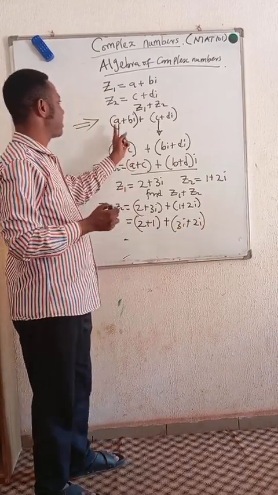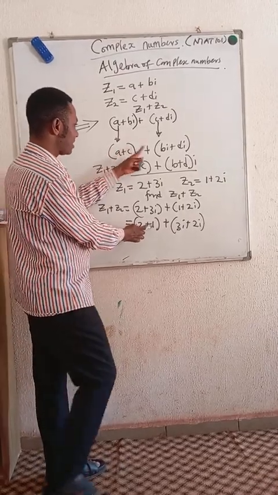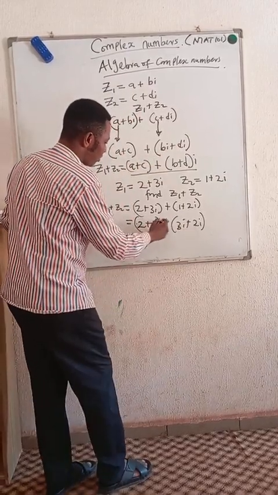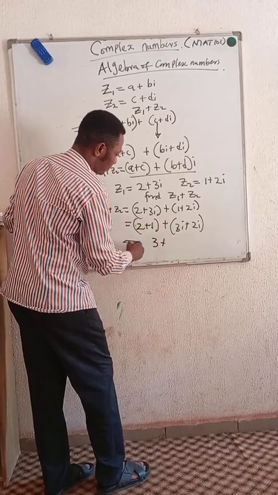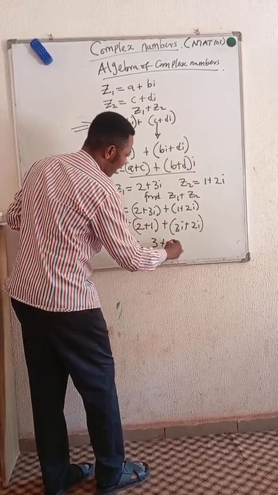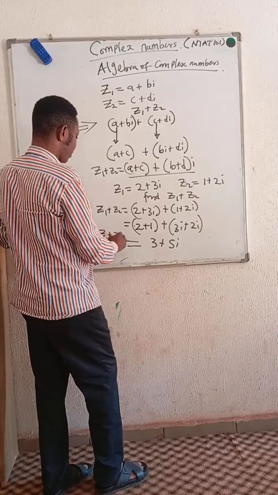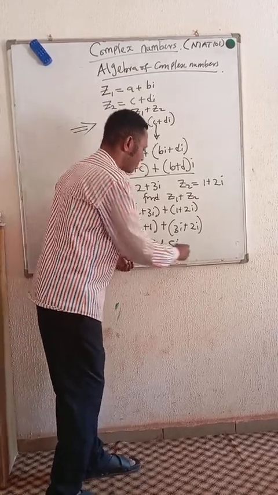It's the same thing we did earlier: a is 2, c is 1, b is 3, d is 2. Now, 2 plus 1 gives 3, plus 3i plus 2i becomes 5i. Therefore, z1 plus z2 is equal to 3 plus 5i.